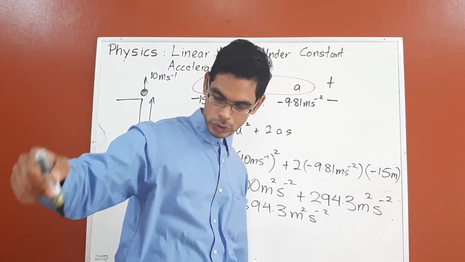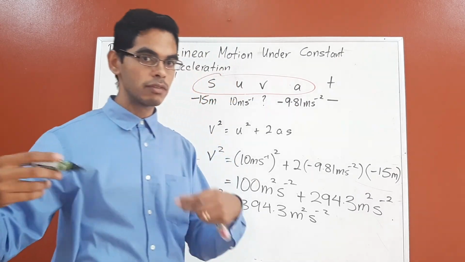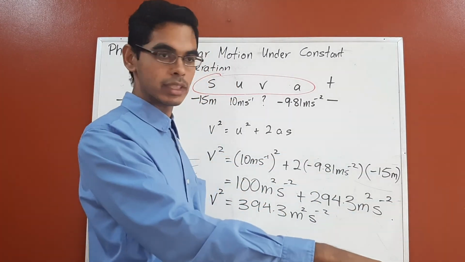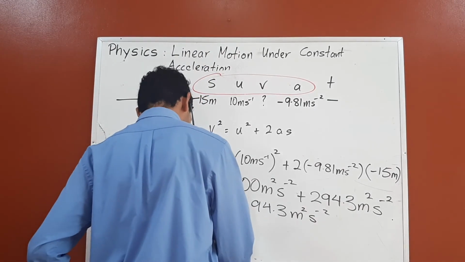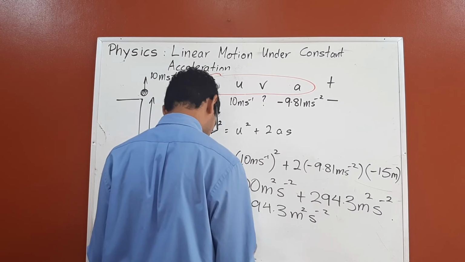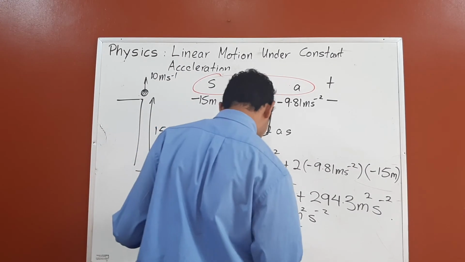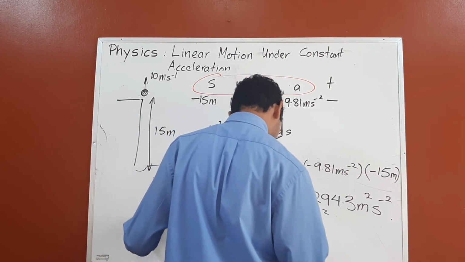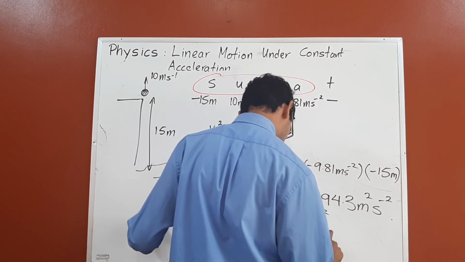Taking the square root. So the reverse of squaring is taking the square root. So we have to square root both sides. So v is equal to the square root of 394.3 meters square per second square.